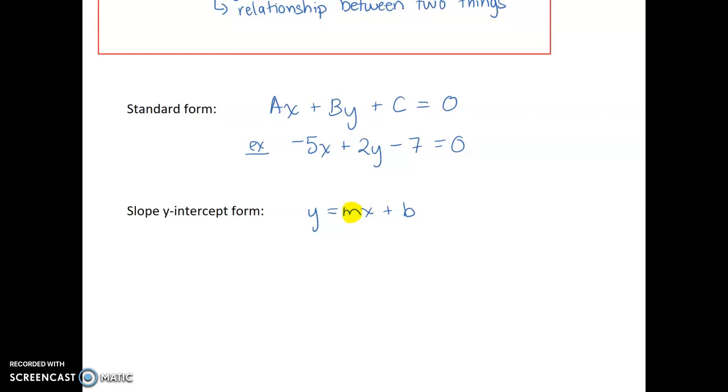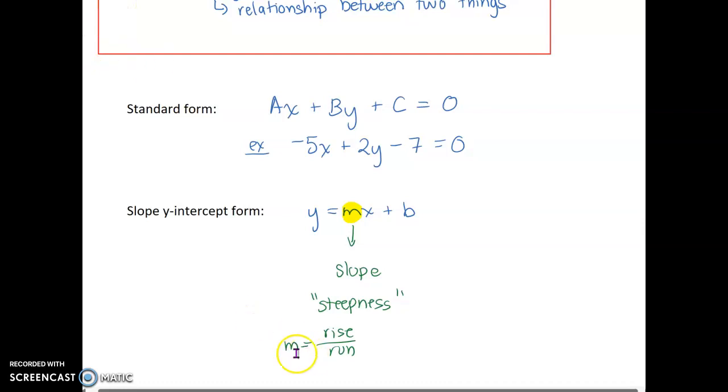One is the m, which represents the slope of the line, which we call the steepness of the line. We write the slope as rise over run. The symbol we have for slope is m, so we write the rise divided by the run. Another way we can calculate the slope is the change in y over the change in x.